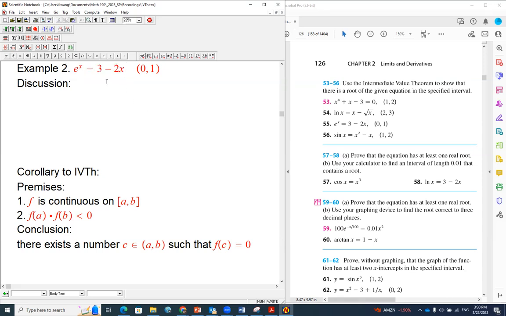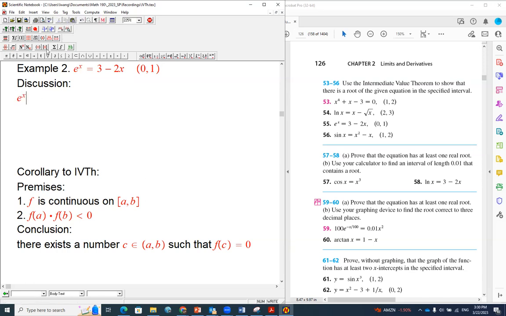This equation is actually pretty tricky to solve using algebraic technique. The nature of this question is basically, if you see the left side as a function and 3 minus 2x as another function, when we set them equal, the equation is an if statement: when they're the same. So I'm going to draw a picture to explain the nature of this question.